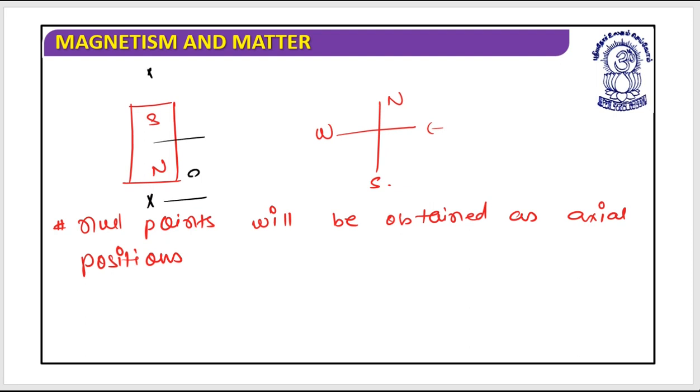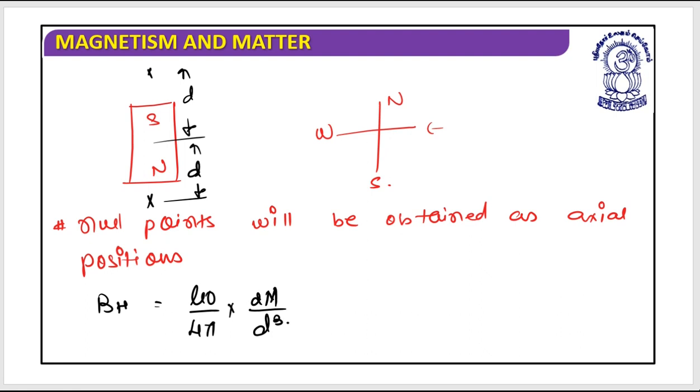Let's understand that this is the distance t. Then BH, the horizontal component of magnetic field, will be equal to the magnetic field at the axial position due to this bar magnet, mu naught by 4 pi into 2m by t cube. I hope this is clear. Is it clear?